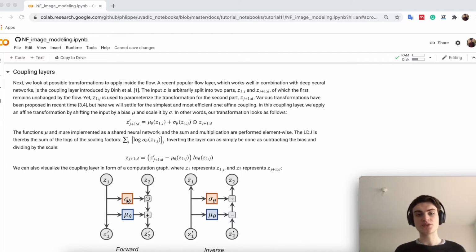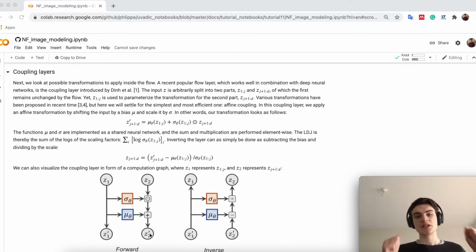Specifically, we use an affine coupling layer, which just scales and shifts our input. I take z1 as input to a neural network which tells me how much I should scale z2, and a neural network which tells me how much I should shift z2 afterwards. And this is then our output.